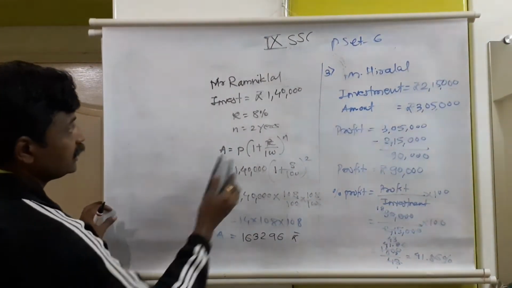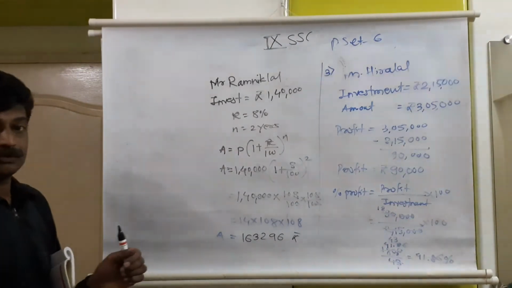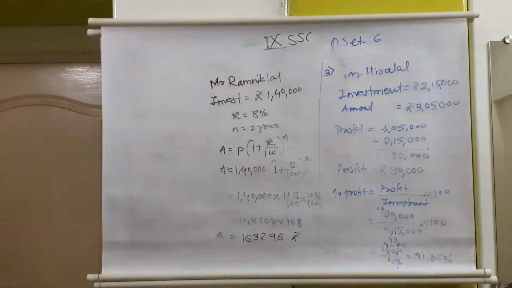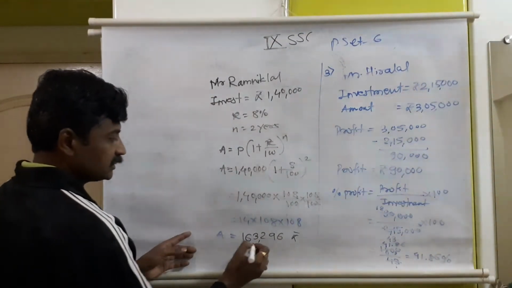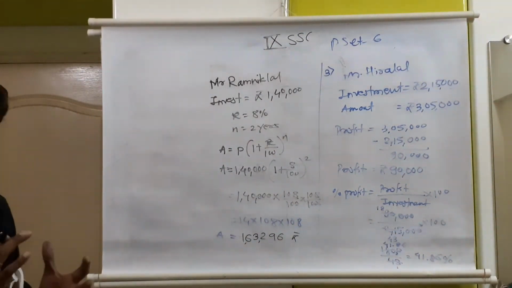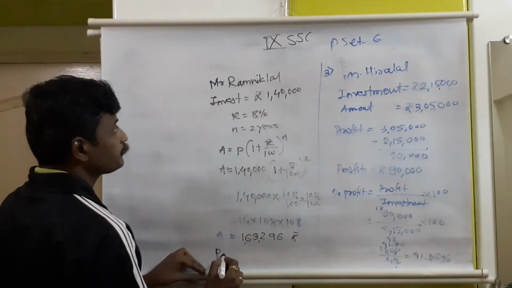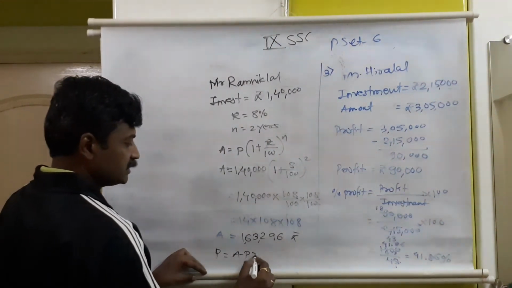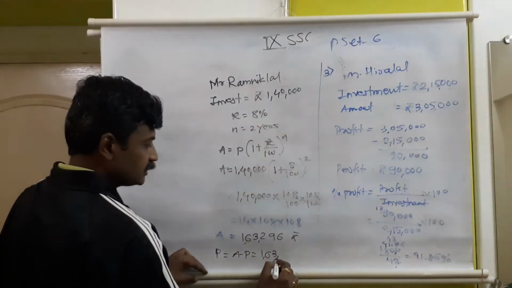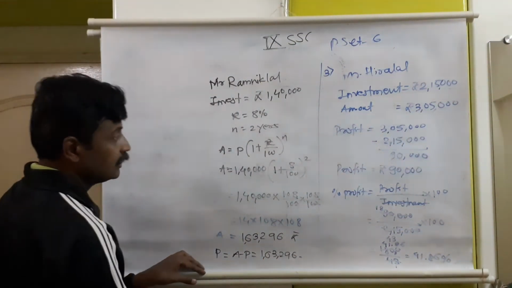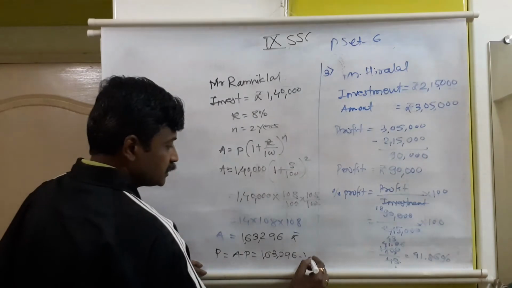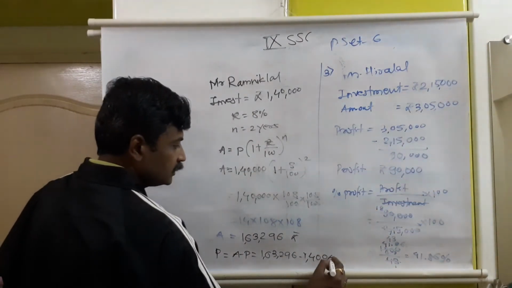1,63,296 rupees. He invested 1,40,000 rupees. After 2 years, by compound interest, he will get the amount in hand as 1,63,296 rupees. Now, what is the profit in this case? Profit by Mr. Ramnik Lal is equal to amount minus principal. So 1,63,296 minus investment 1,40,000.